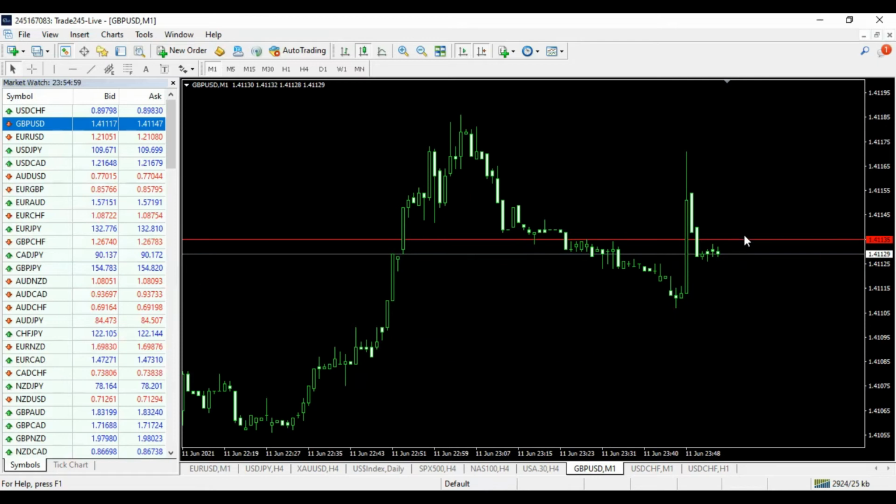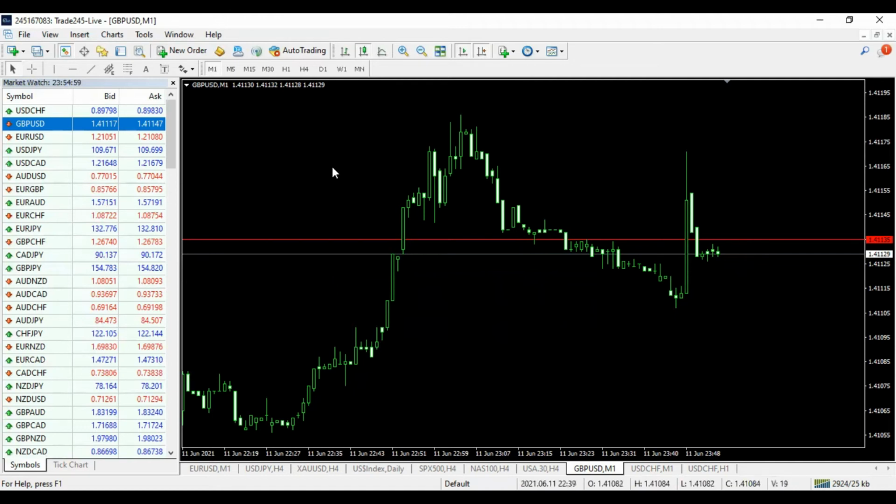Same thing as you sell. When you sell, your order will be opened here, and then it will only be in profit once this line passes this point. So yeah, that's basically it with regard to the ask and the bid line.